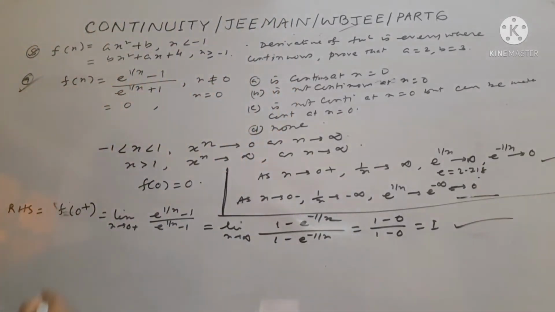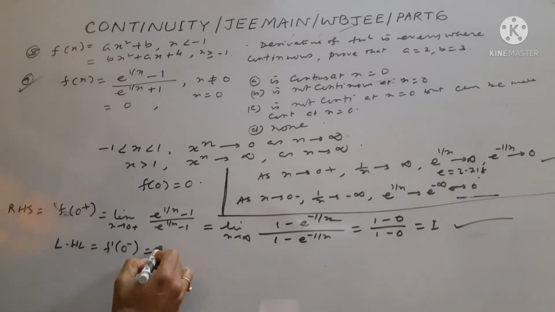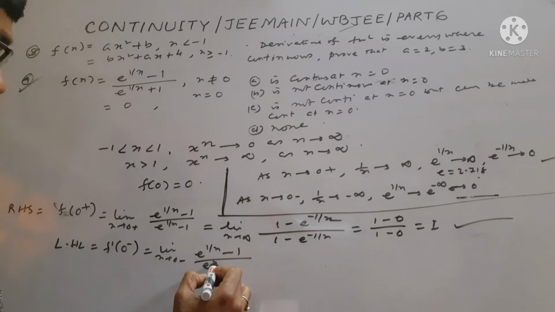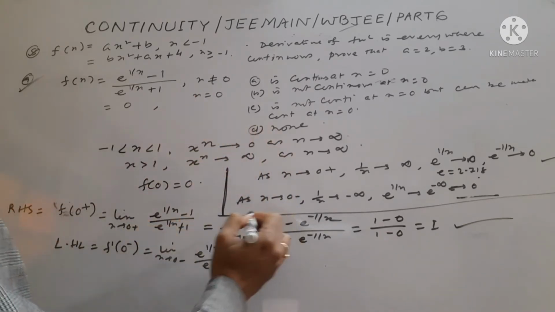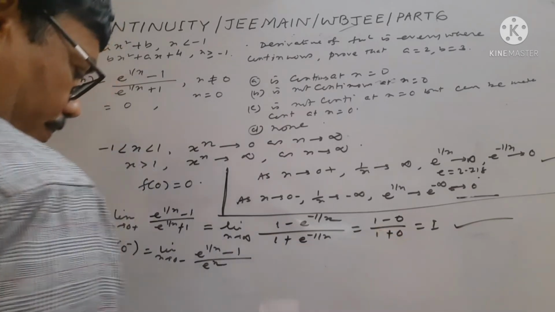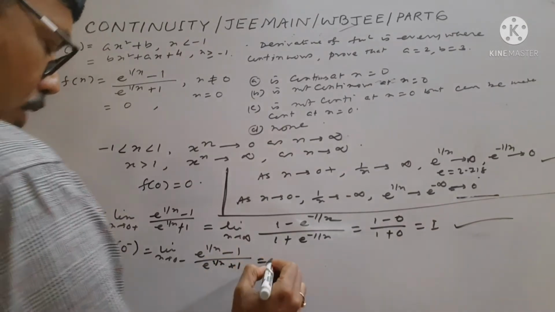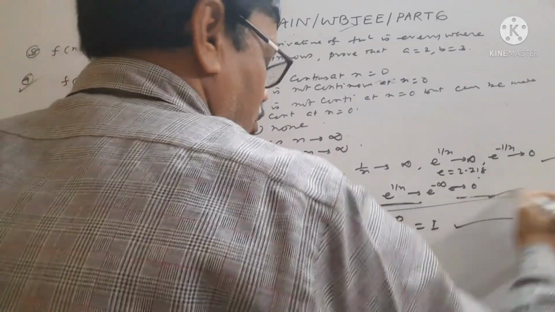Now, what is the left hand limit? Left hand limit equals f dash 0 minus, limit x tends to 0 minus of e to the power 1 by x minus 1 over e to the power 1 by x plus 1. So, as x tends to 0 minus, e to the power 1 by x tends to 0.